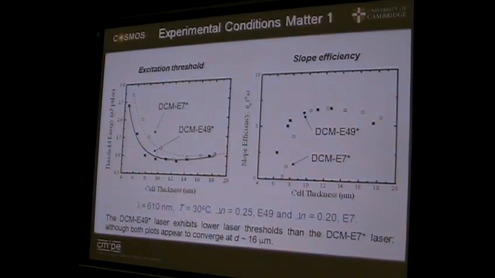Okay. And again, you make a path length wedge cell, and you look at the threshold against sample thickness. And again, you tend to find around 12, 15 microns is a good path length. And here you see something that I'll come back to: there's the threshold.